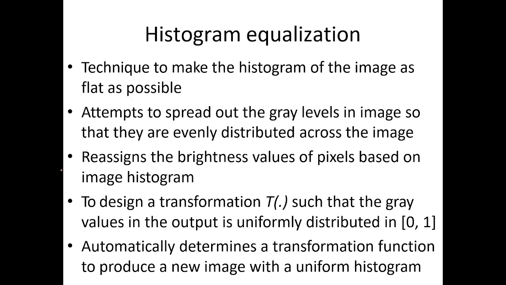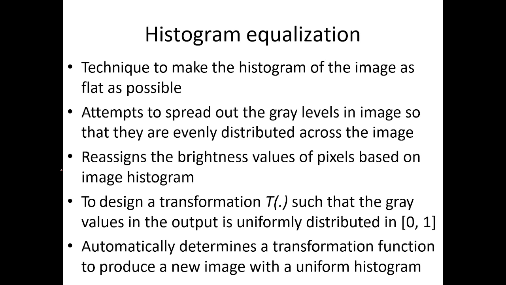So what is histogram equalization? It is a technique that makes the histogram of an image as flat as possible, distributing the gray levels uniformly across the image. The darker image is brought toward the average gray and the brighter image is brought down toward it, higher values brought down and lower values brought up.